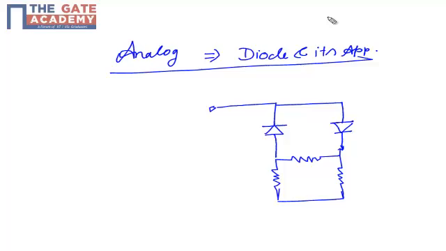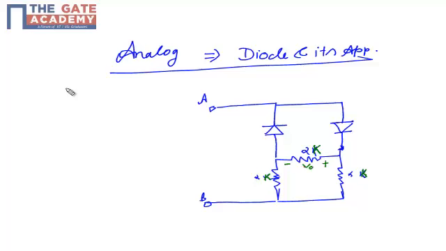Let's name these points A and B. The resistors are 2K, 2K, 2K, and we are taking output across this resistor with this polarity V0.